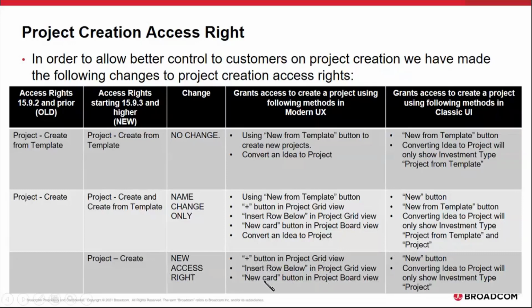They can also create a new project using the insert row below and using the new card button in the project board view. This access right in the Classic UI allows the user to create a new project using the new button. Converting idea to project will show them the investment type of project only.